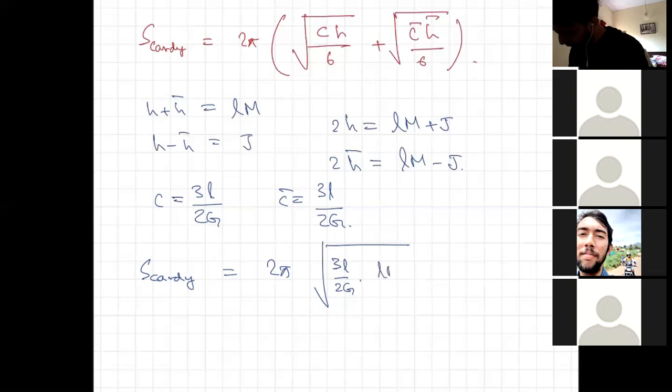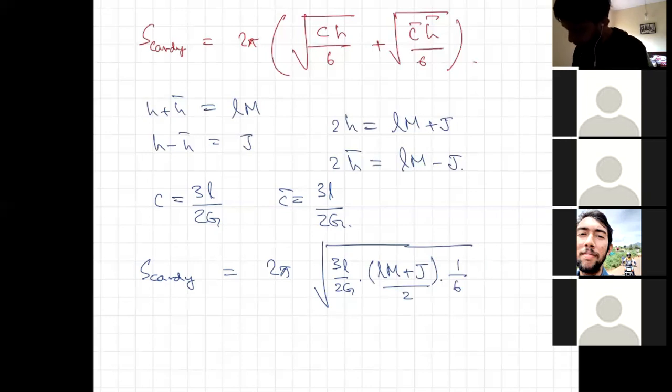Let's put Lm plus J into it, with a factor of 2 and 1 over 6 into 3L over 2G.